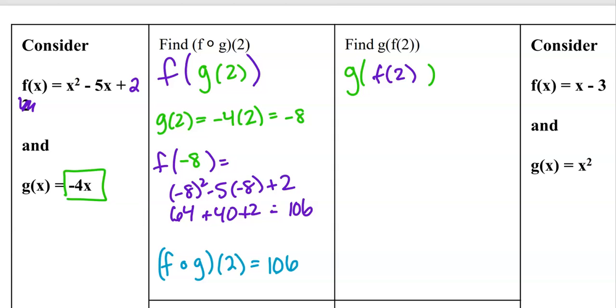So 2 is going to get plugged into f first this time. So f of 2 equals 2 squared minus 5 times 2 plus 2. 2 squared is 4, negative 5 times 2 is negative 10, and then plus 2.